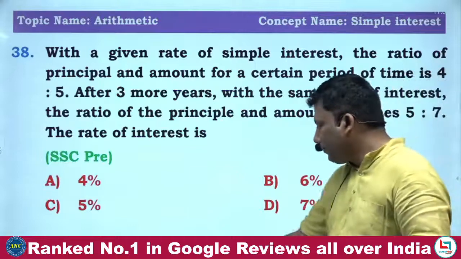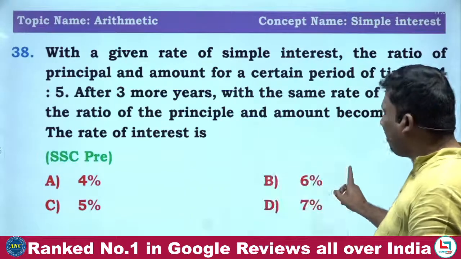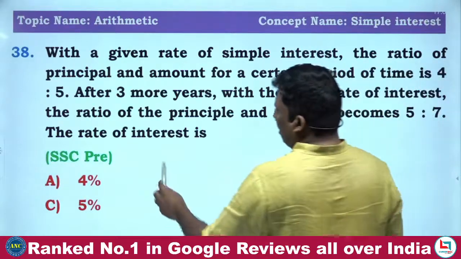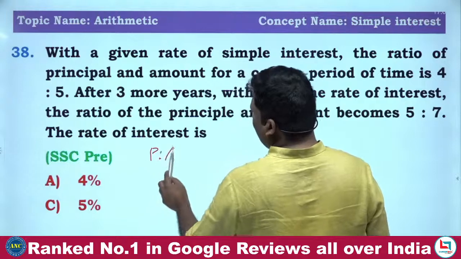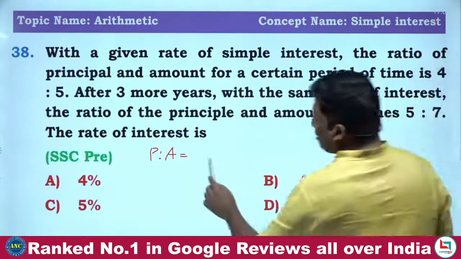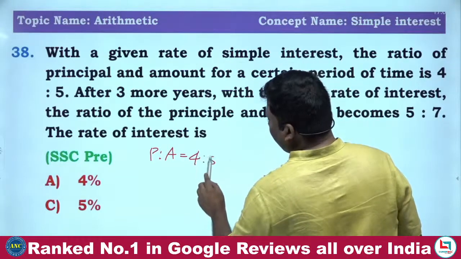Now, see here. Listen carefully. With a given rate of simple interest, the ratio of principal and amount for a certain period of time is 4:5.